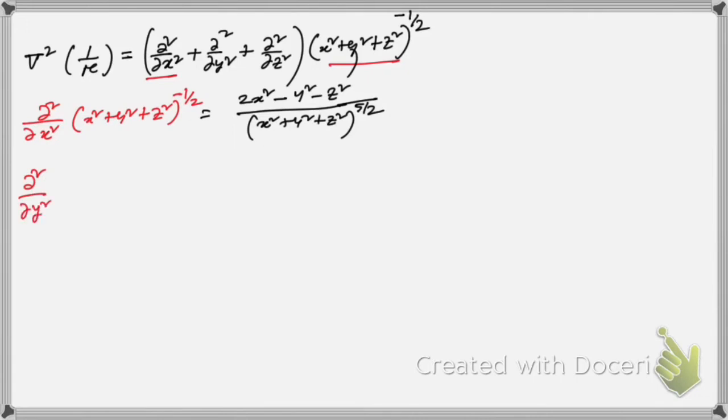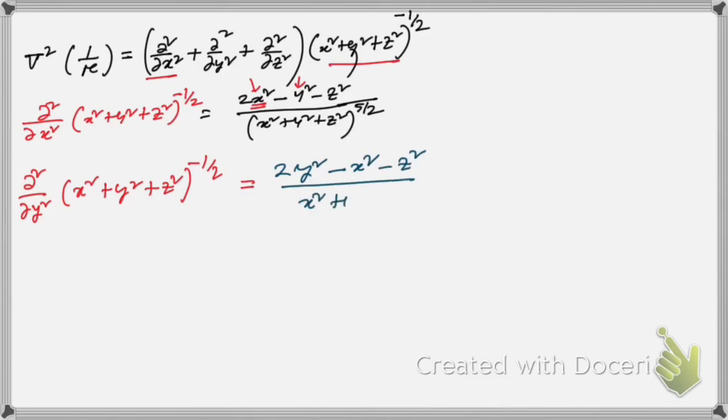Similarly, you can find the second order derivative of 1 by r. In order to find it with respect to y, just replace this x by y and this y by x, then you will get this result.